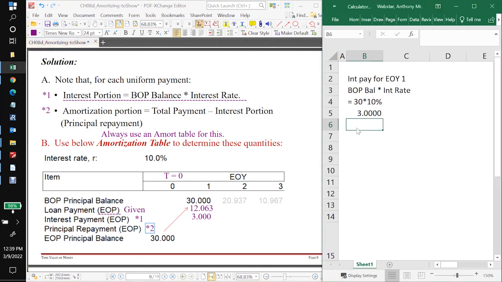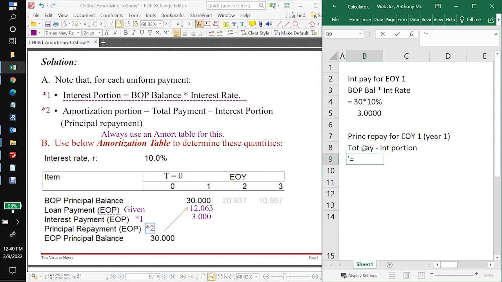And let's go ahead now and get the principal repay for EOI 1, which is really year 1, because all the payments are made at the end of the year.